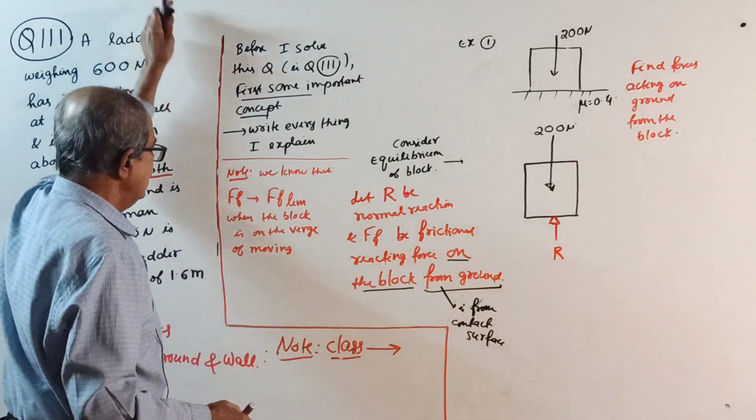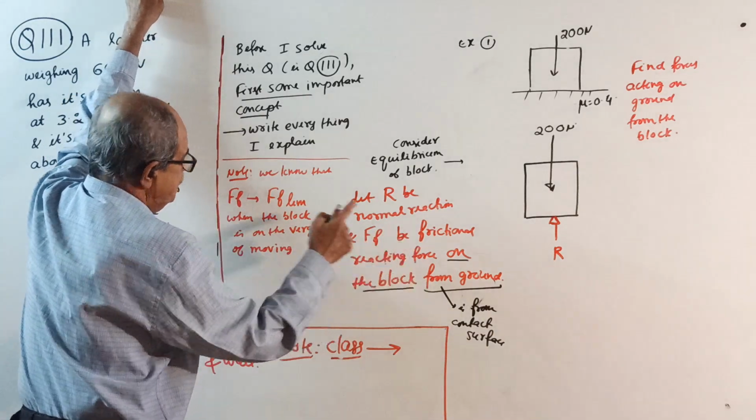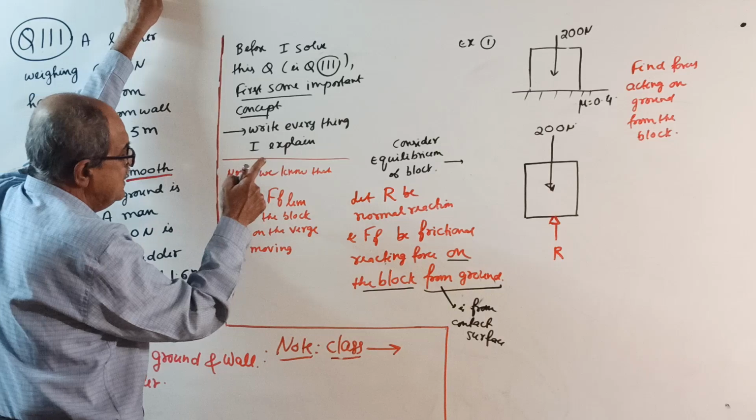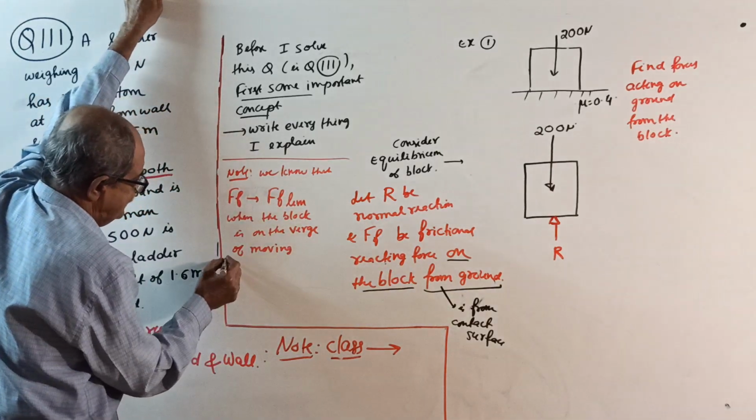You can write here, limiting FF means what? It is a static limiting frictional force, when the body is on the verge of moving.